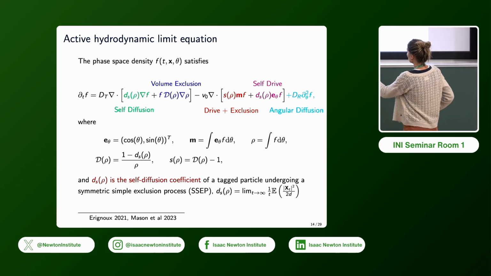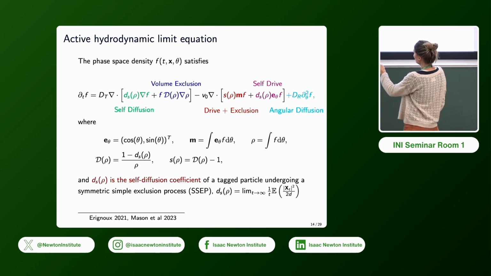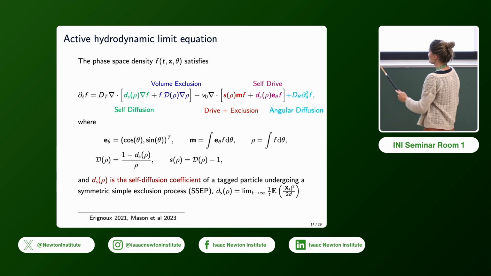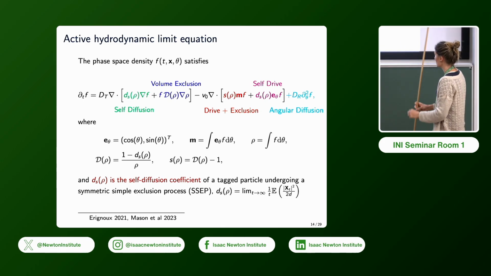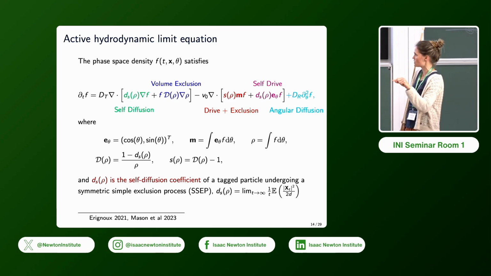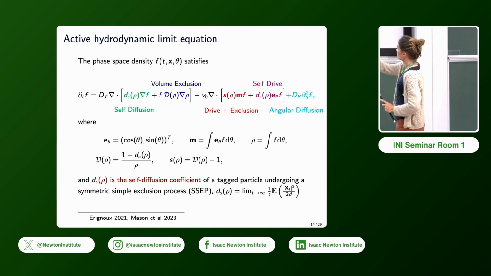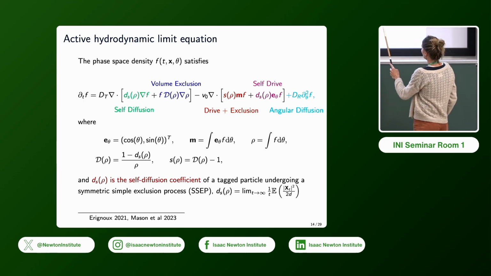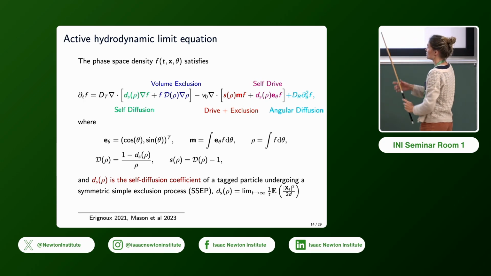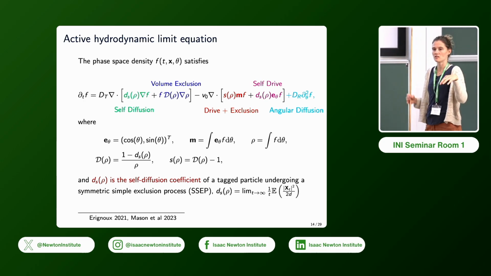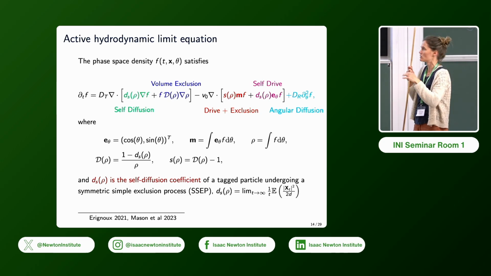But all these other terms, note that this D_s is the self-diffusion coefficient. This is exactly the self-diffusion coefficient of a tagged particle if it was just doing a simple exclusion process. And these other three terms depend on the self-diffusion coefficient. So if you know it, we have this hydrodynamic limit fully determined.